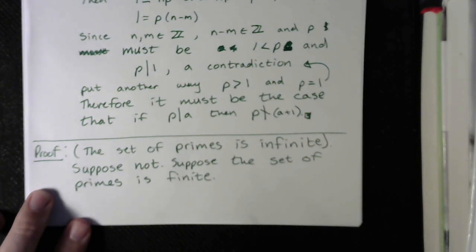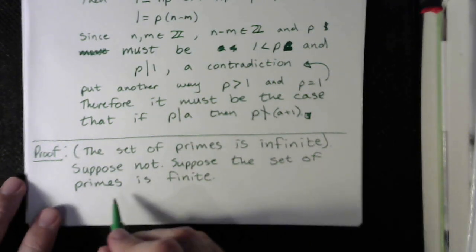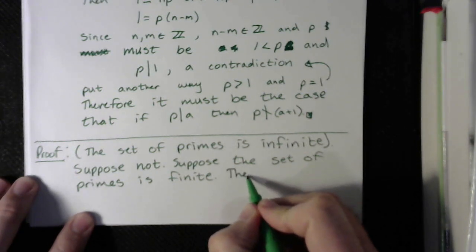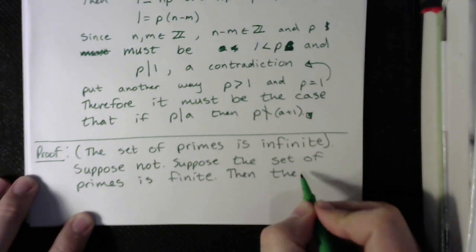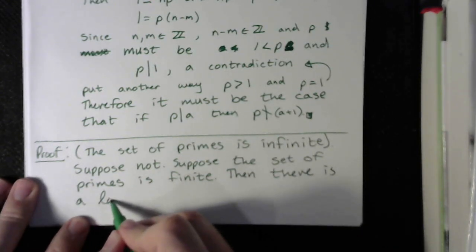So, if the set of primes is finite, that means that there has to be a largest and a smallest. Now we know that there is a smallest prime, it's 2. So what we really want to key in on here, in fact, is that this means that then there is a largest prime.